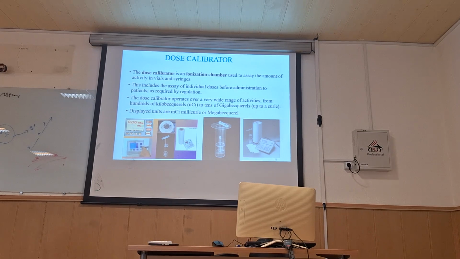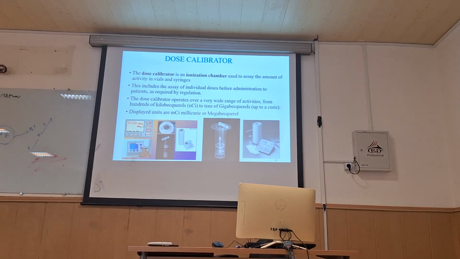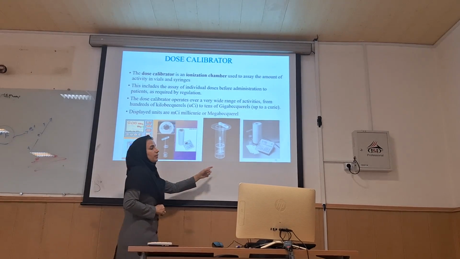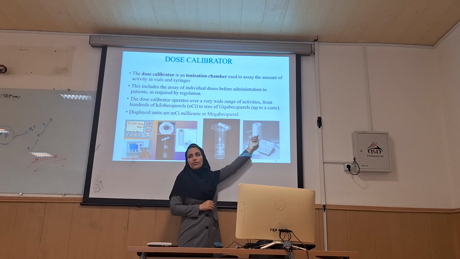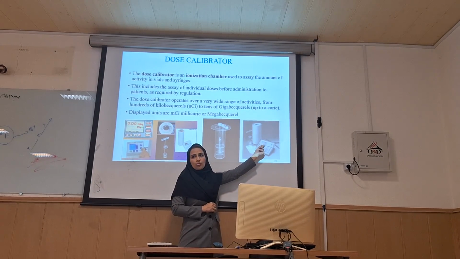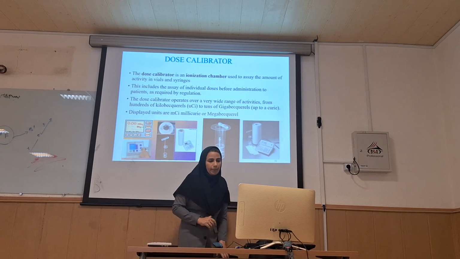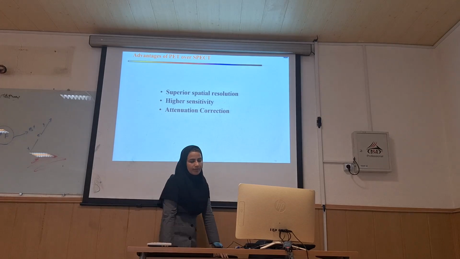Or if I want to work with SPECT, I select technetium, because this is calibrated for technetium. My radionuclide is technetium, and at this point I should select technetium. This is the work of the nurse.